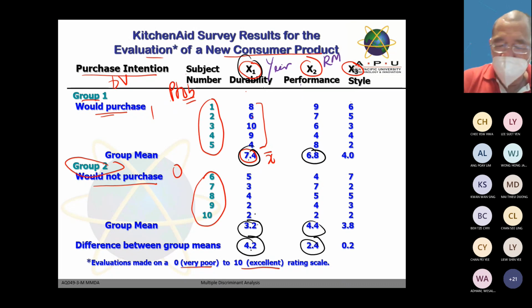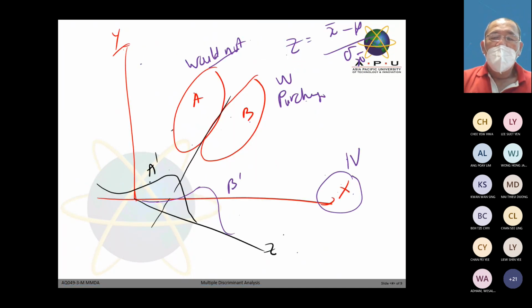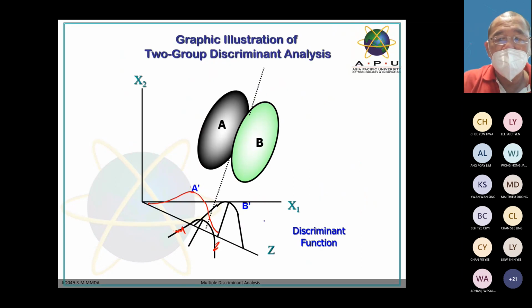So it change to Z. So you convert to the Z value. Then we compare. So that's why we have this here Z. So this Z is the discriminant function. Actually here should be Y. Y is better.